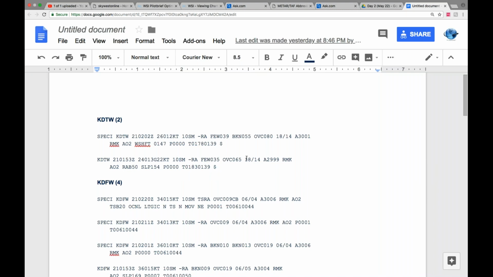Every time I'm looking in a METAR, if I see something funky or unusual up here, like thunderstorms and rain, let's look at this one for that example. So rain, thunderstorms, and then I get this weird OCNL LTG IC. What in Sam Hill does that mean? I have no idea. So I refer back to what I see up here. I see rain and thunderstorms.